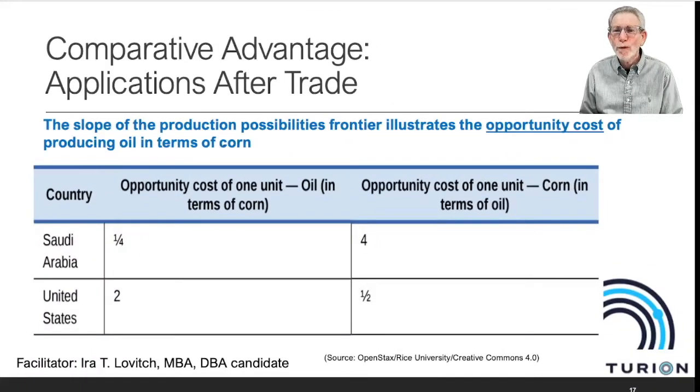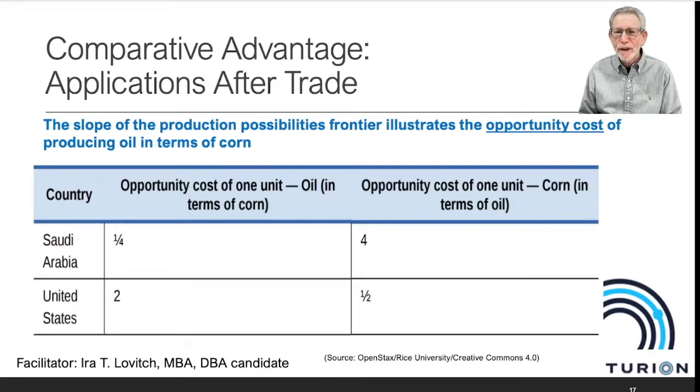As we've shown before, this chart can be really helpful to understand this concept of opportunity cost, and we can calculate it, and that's really important, and that's why we're using this chart again.